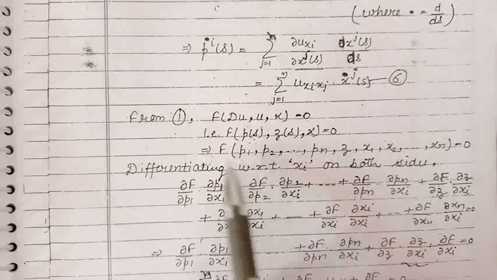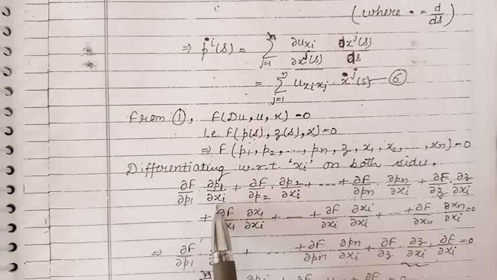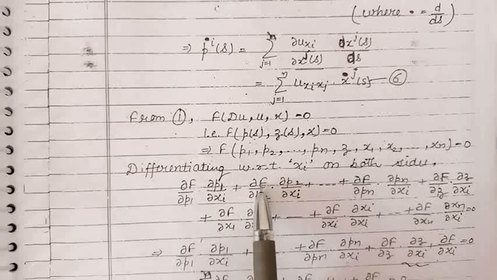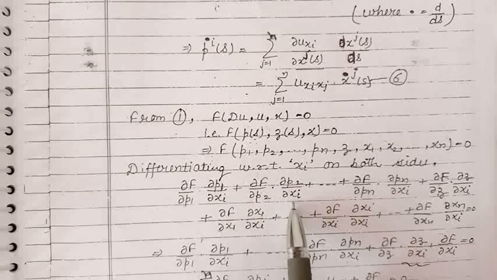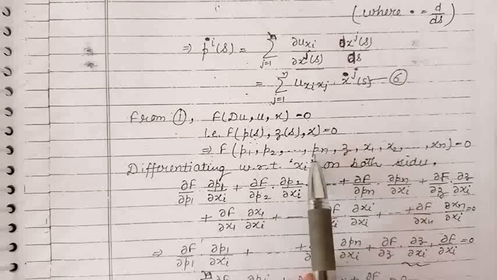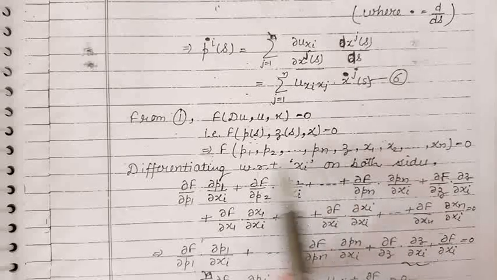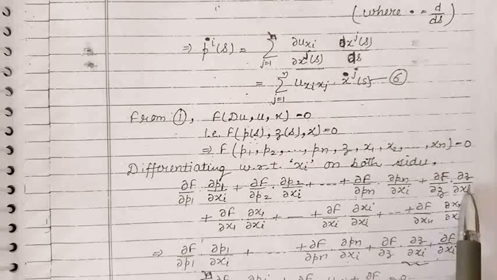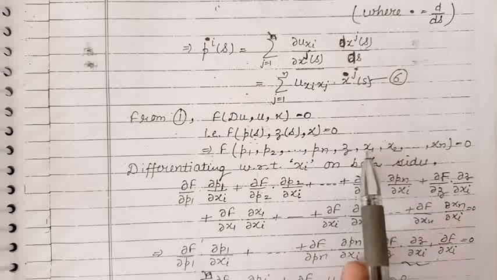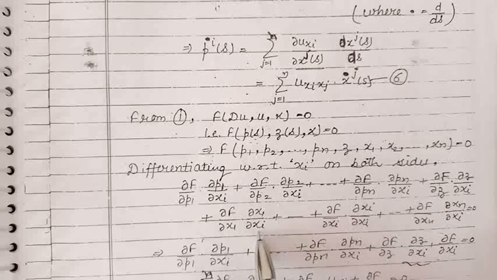So that will become partial derivative of f with respect to p1 into the derivative of p1 with respect to xi, plus partial derivative of f with respect to p2 and then partial derivative of p2 with respect to xi, and continuing like this, partial derivative of f with respect to pn into partial derivative of pn with respect to xi, then partial derivative of f with respect to z into partial derivative of z with respect to xi, plus partial derivative of f with respect to x1 into the derivative of x1 with respect to xi.